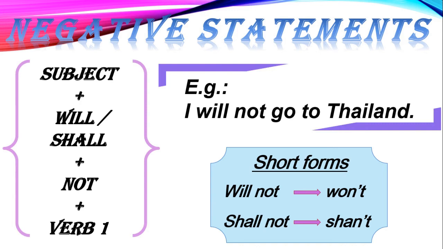Here I use will, and after that I use not, or a negative word, then the first form of the verb, then the rest of the sentence. Look at the short forms. For will not, we can use won't. For shall not, we can use shan't.